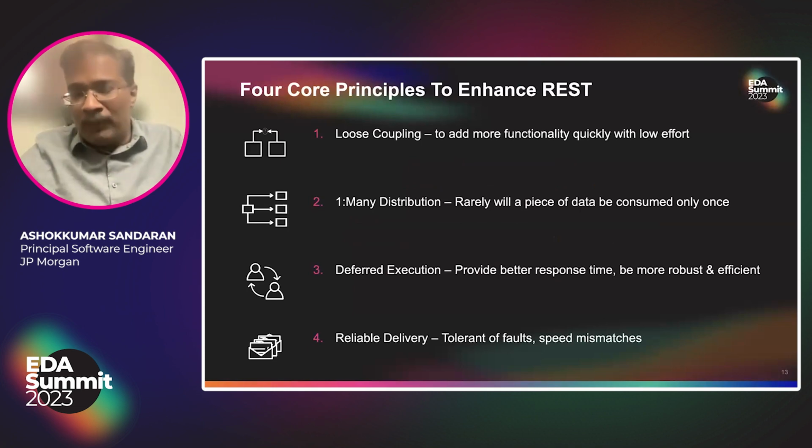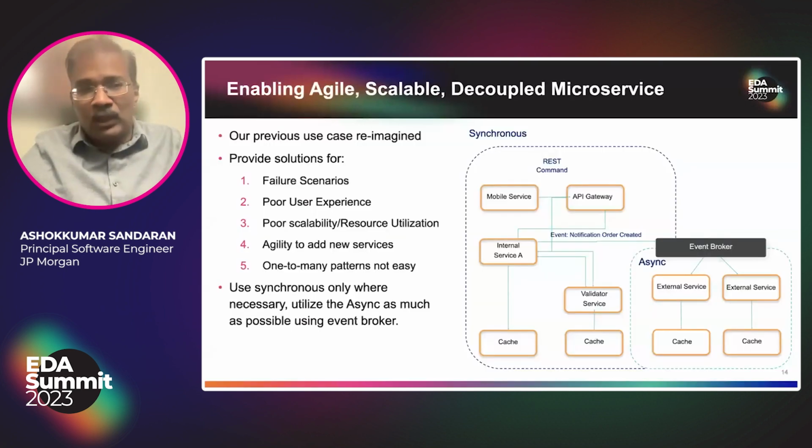We want to make sure that we can do one-to-many distribution. We want to be able to take the message and defer the execution until the system is in a stable state. And even when there is a failure, we want to make sure that we can reliably deliver. So the architecture that we saw before using REST and API gateways, how is it being redesigned?